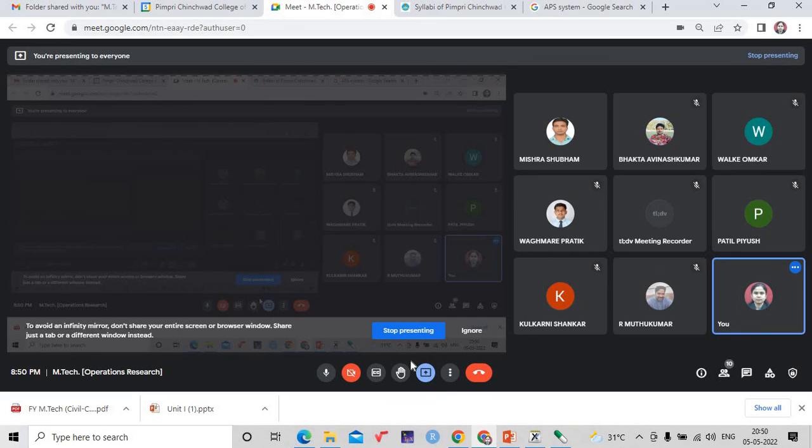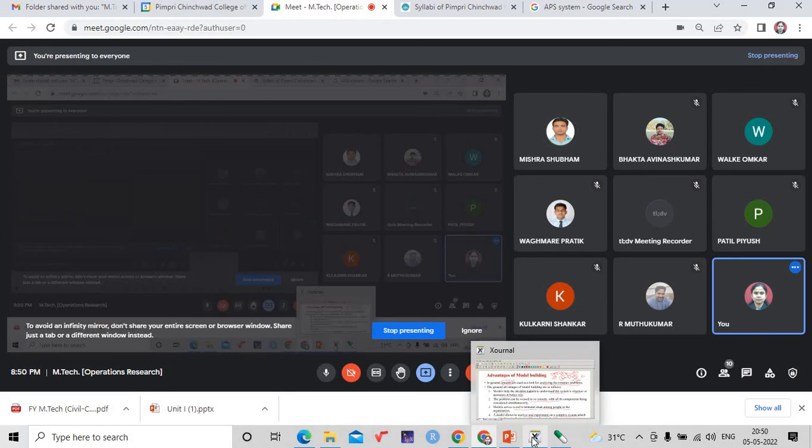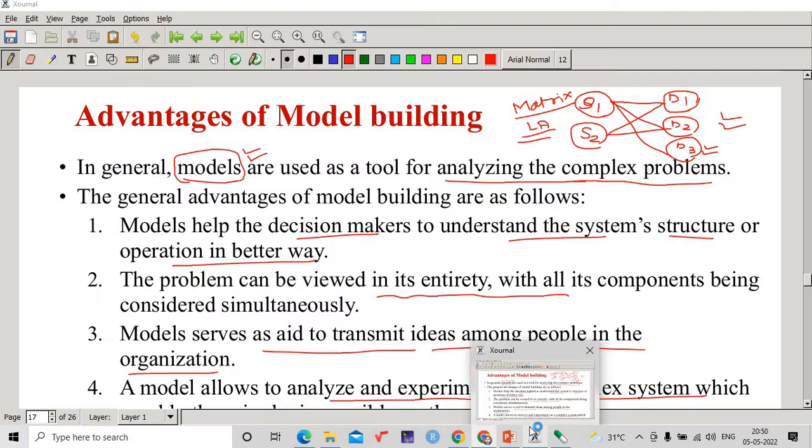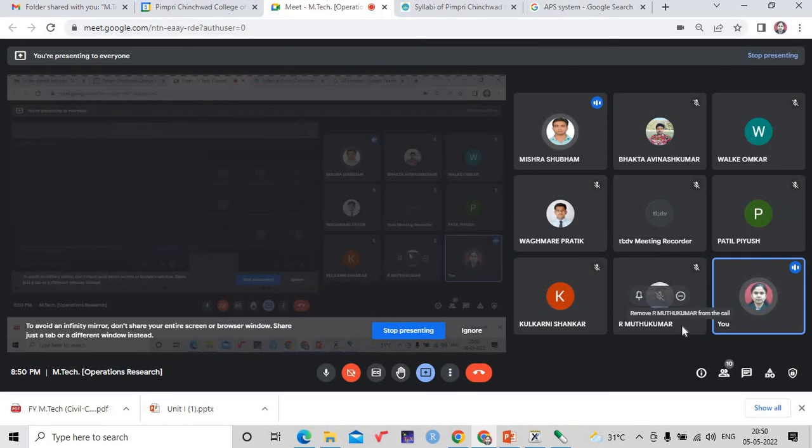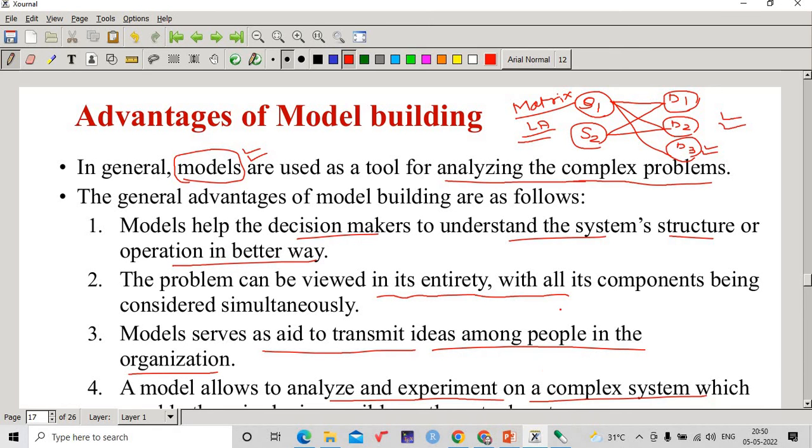Okay, fine. So do you have any questions regarding today's topic? Based on everything you explained, the second point in advantages makes very complete sense.